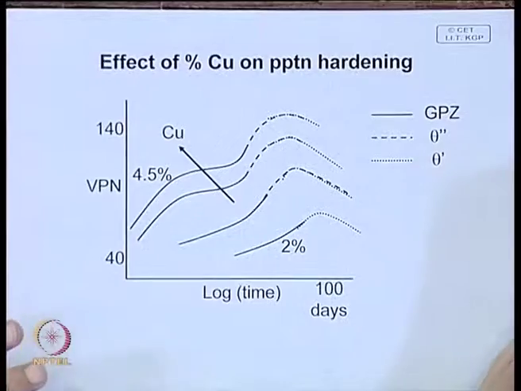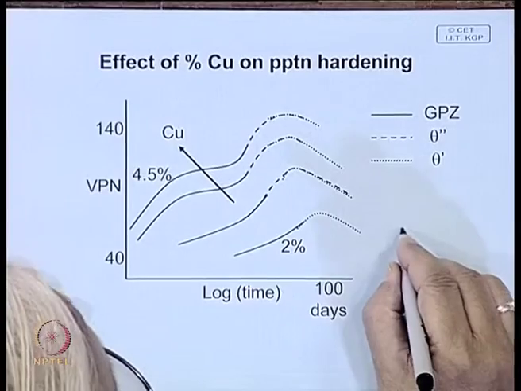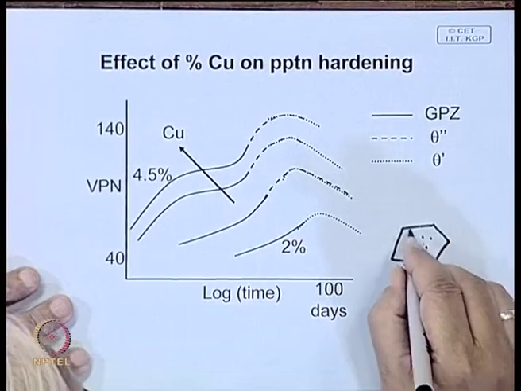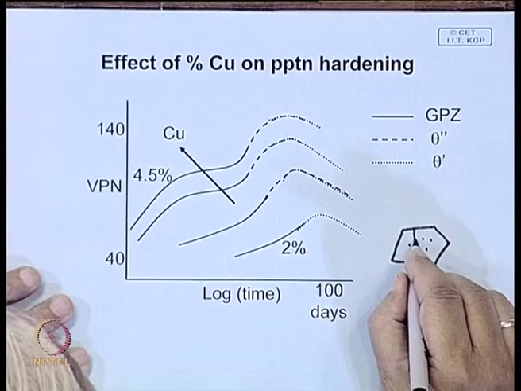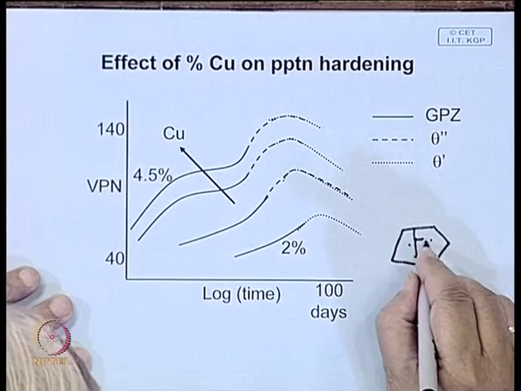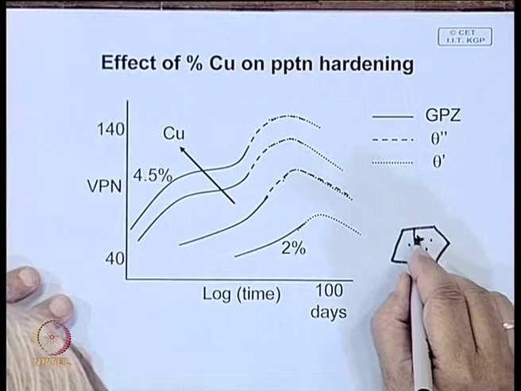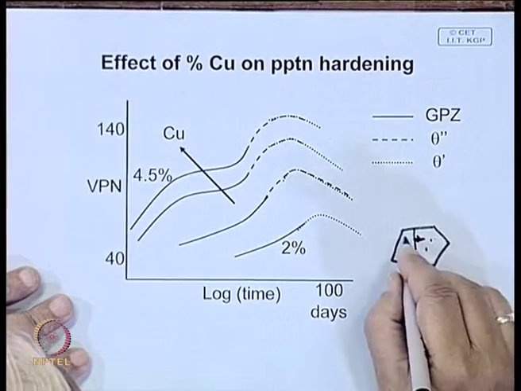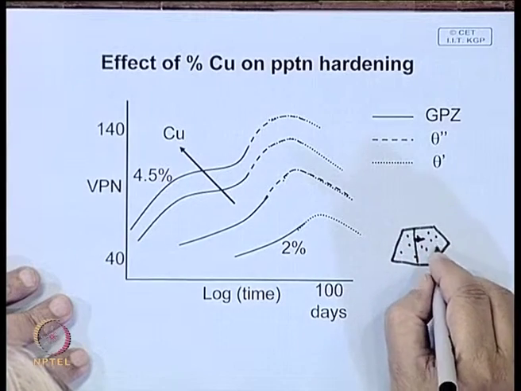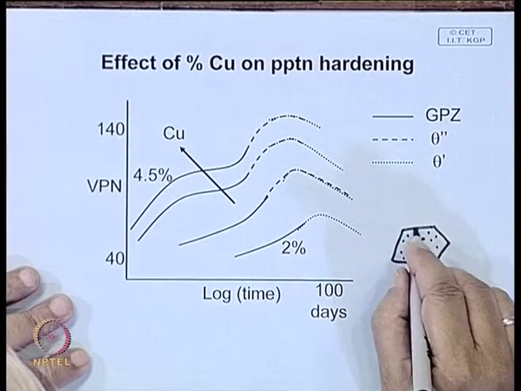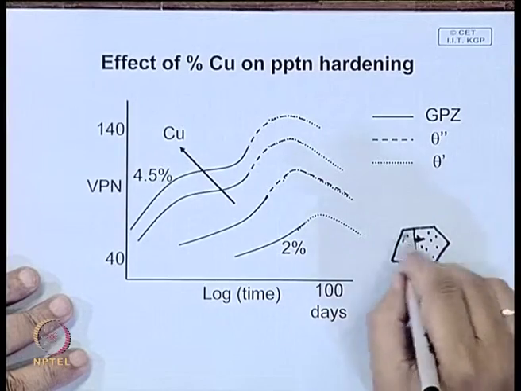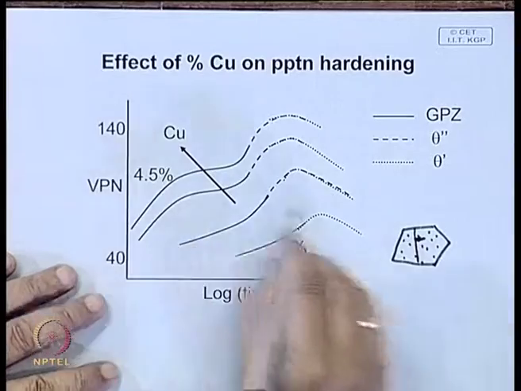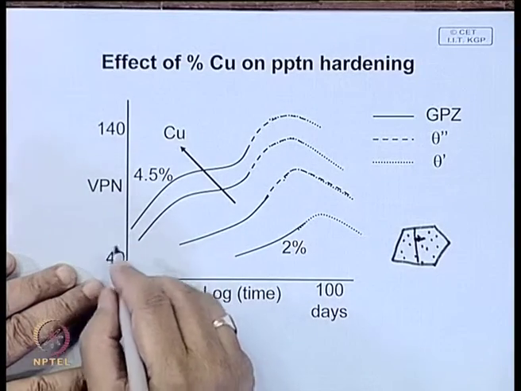So, if you have precipitate in the matrix, it will be difficult for the dislocation to move or cross this precipitate. We will see later how this takes place. So, when these precipitates form, you will have some additional strengthening, and this can be followed by measuring the hardness.